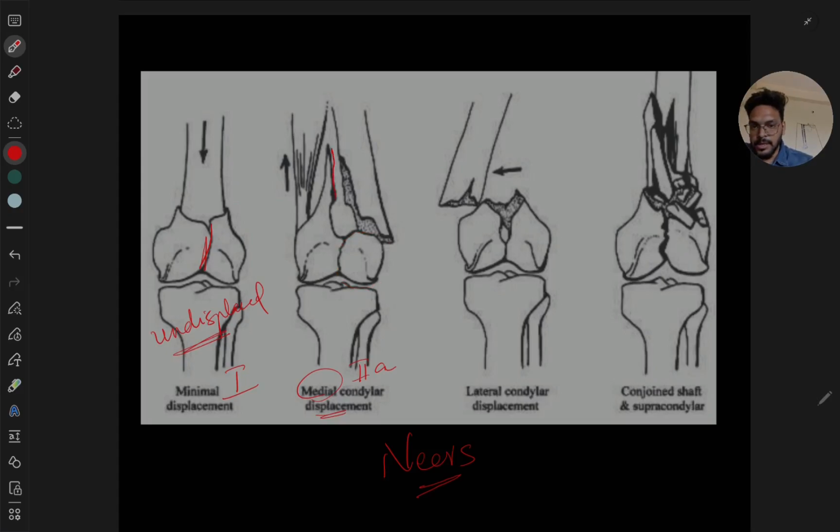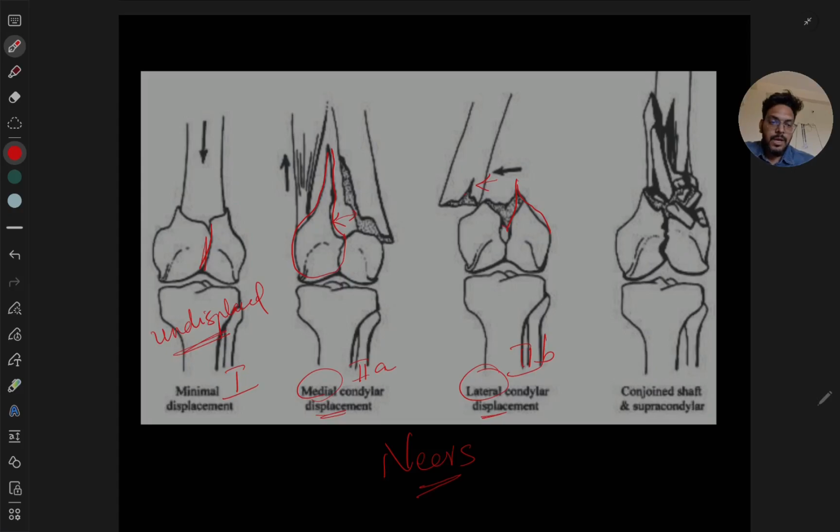This is the medial condyle fracture with displacement. If the lateral condyle is fractured with displacement, it is 2B.